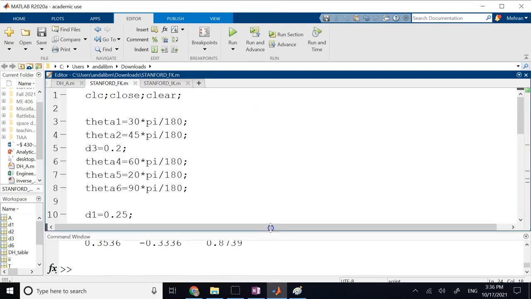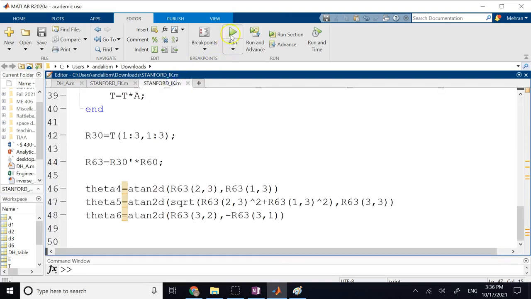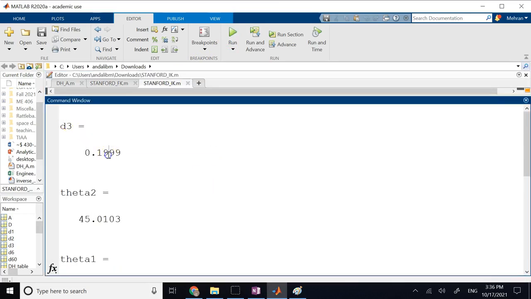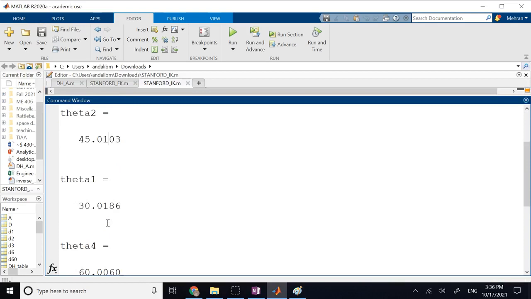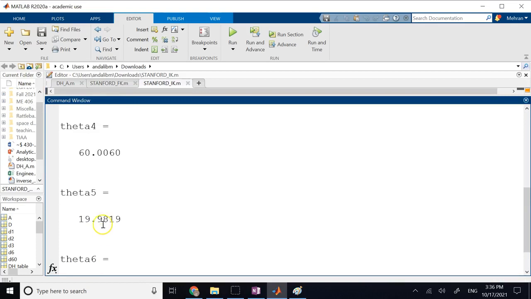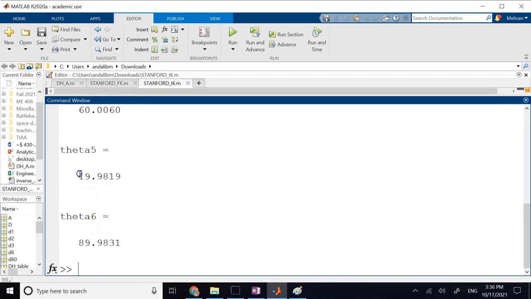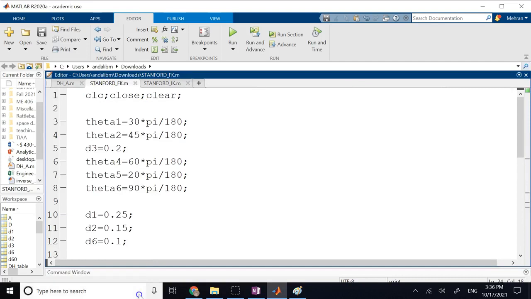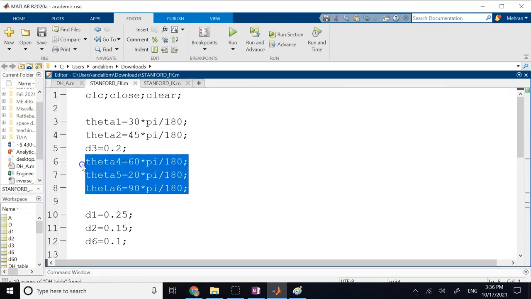And if you look at the numbers, you see that here we go: 20 centimeters, 45, 30, 60, 19, and it's almost 20, right? That's 20 degrees, that's 90 degrees, that's 60 degrees, and these are these angles. If you look at them, 90, 20, and 60.